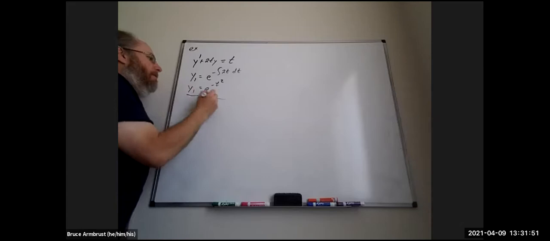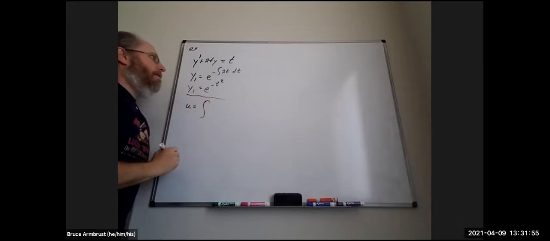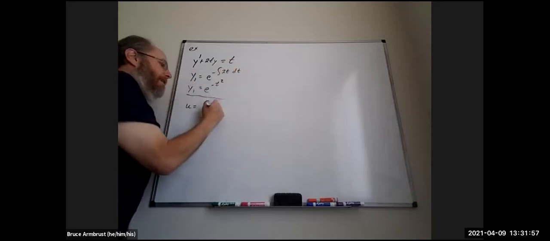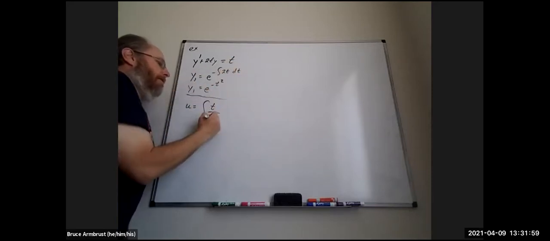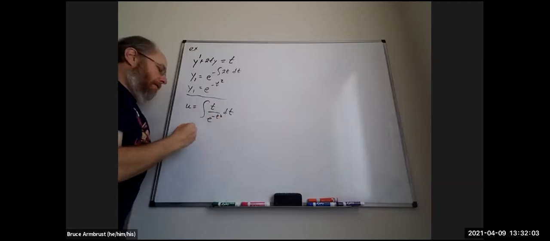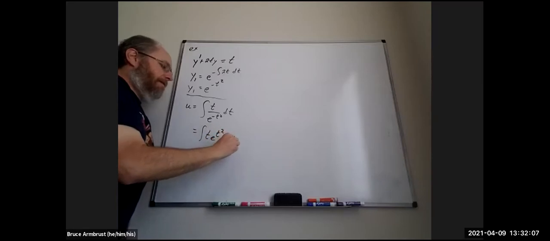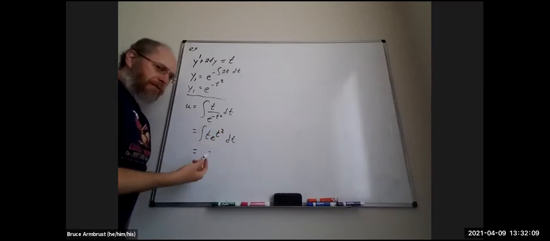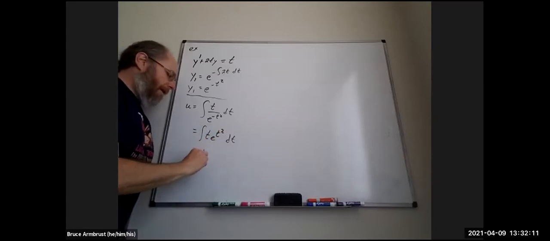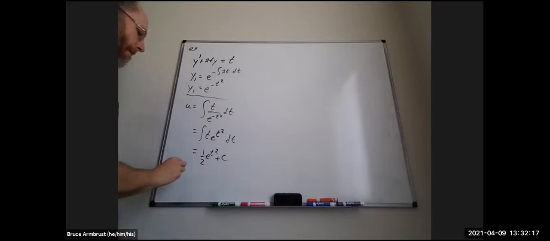So then when we go to get our u, that's going to be the integral of our function t divided by y1, so e to the minus t squared. So this will be the integral of t e to the t squared. You can do a u substitution on that, and you get that that's actually 1/2 e to the t squared plus c.